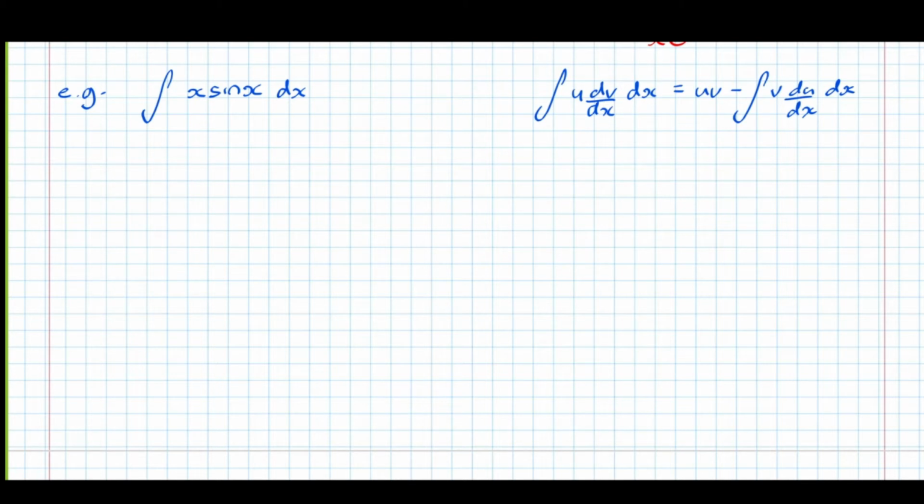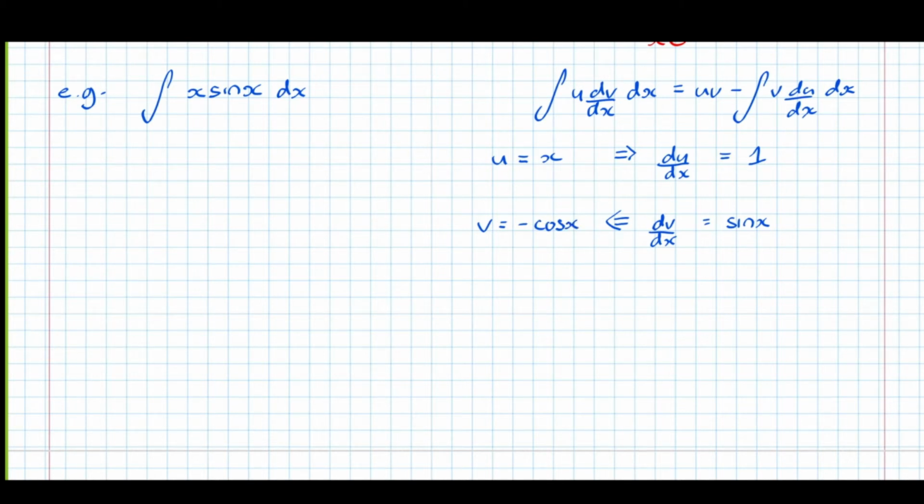So I always like to do the working at the side for this, so I don't break the flow of what I'm trying to do on the left hand side. So u equals x, which means that du by dx equals 1. dv by dx equals the second term, sin x, which means that v equals the integral of sin x, which is minus cos x.